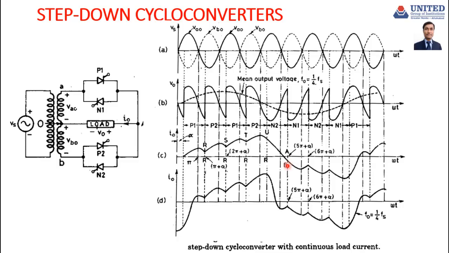Now N2 is commutated and N1 is triggered at 5 pi plus alpha. Load current i0 becomes more negative than AB at 6 pi plus alpha, because N1 is on and load voltage is negative.